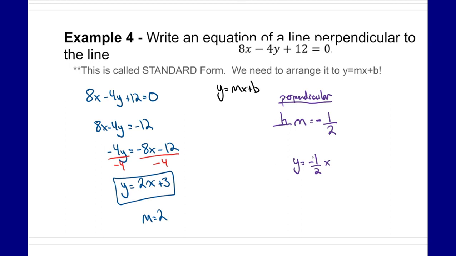So this is the only thing that we're worried about. I'll just put, say, plus 2 on the end to have something there. But the only thing that we're really concerned about is the slope, because that is the indicator of whether it is perpendicular or not.